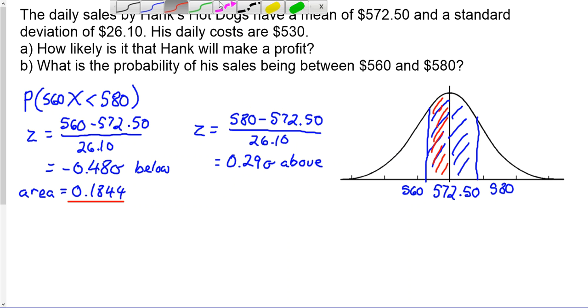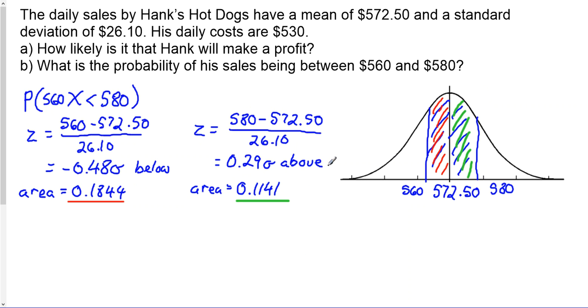And our other z-score is going to give us an area, looking up 0.29 in our table, of 0.1141. What's that area? Well, it's the area from 580 down to the mean. So that's this area right in here.